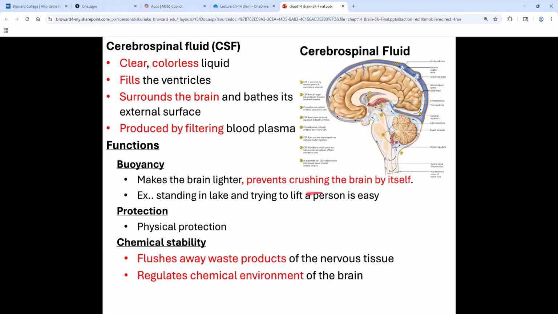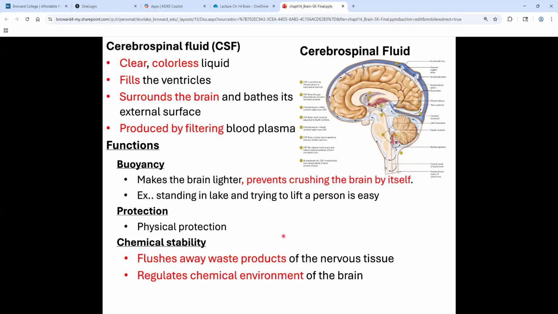Another thing is that CSF is what removes all the waste products. The brain is a very active tissue. I'm going to talk about that a little later. Very active tissue. It's a high metabolic tissue. Lots of waste is produced. So the CSF will flush away all the waste, and it regulates the chemical environment. Body is all about homeostasis.